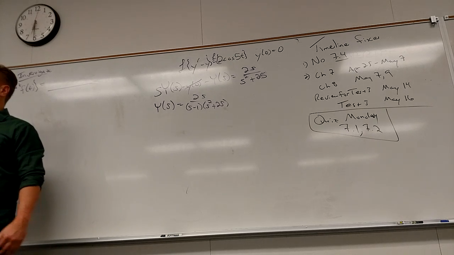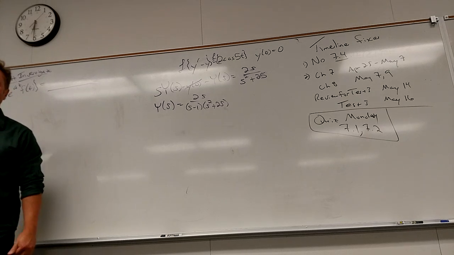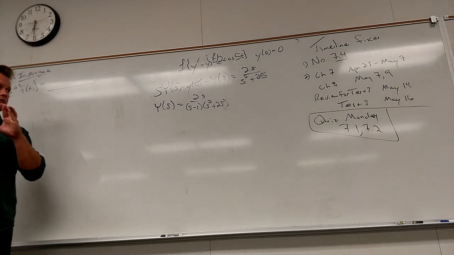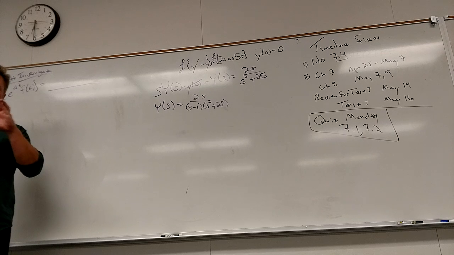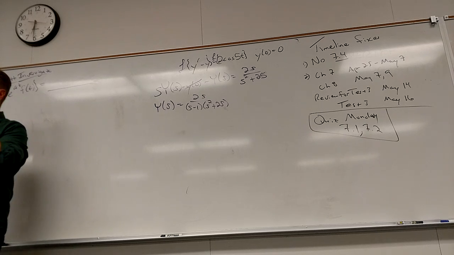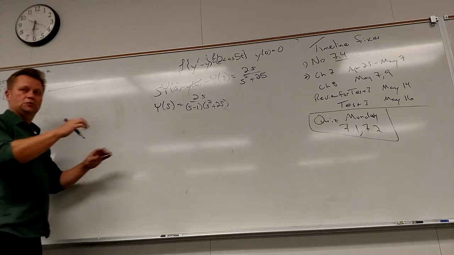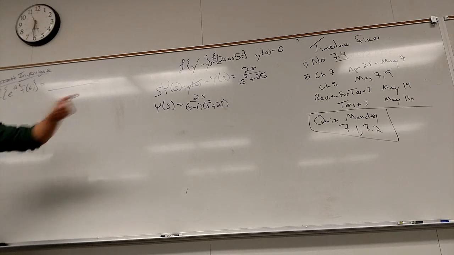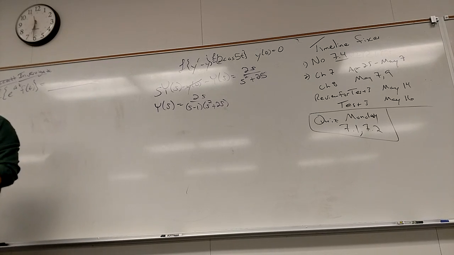Just do it. Just to make sure everybody's doing this correctly. What are you guys doing? Are you just catching up? Are you guys trying to do some of that? Yes? What, partial fractions?